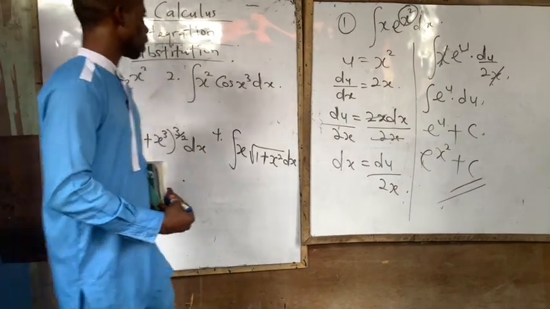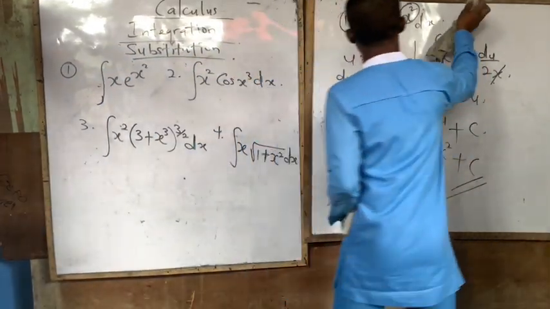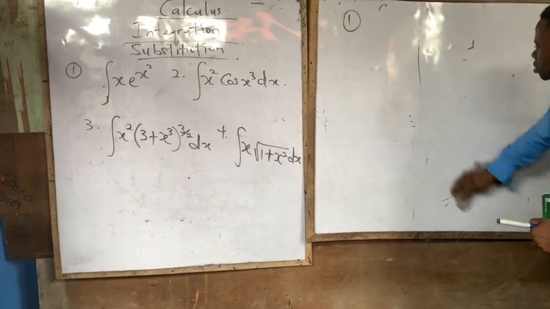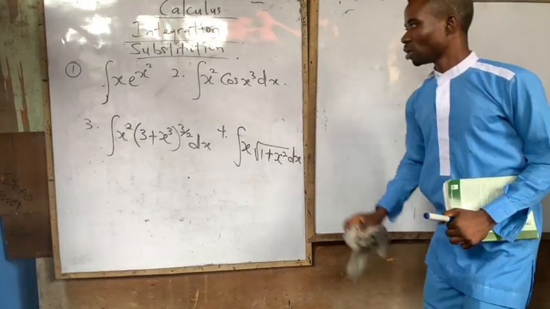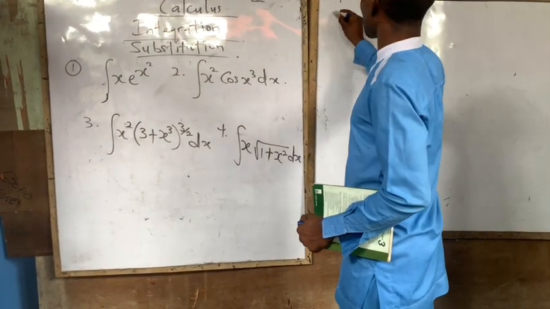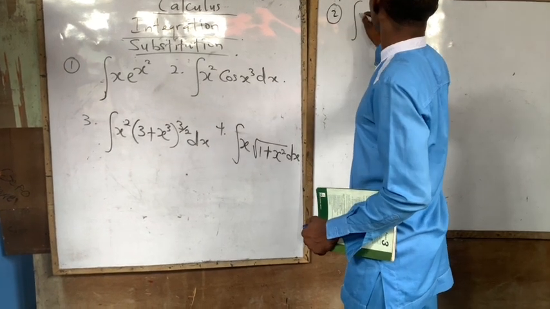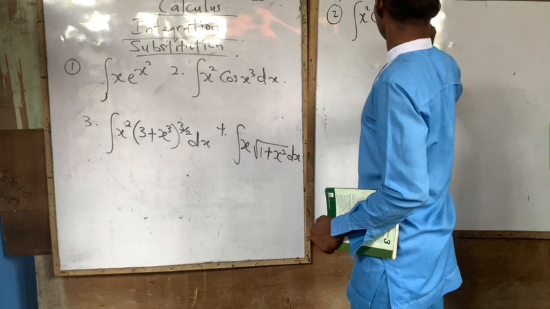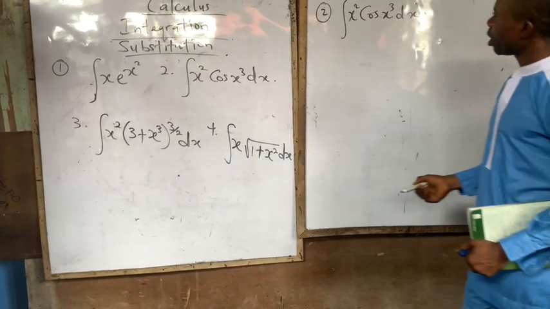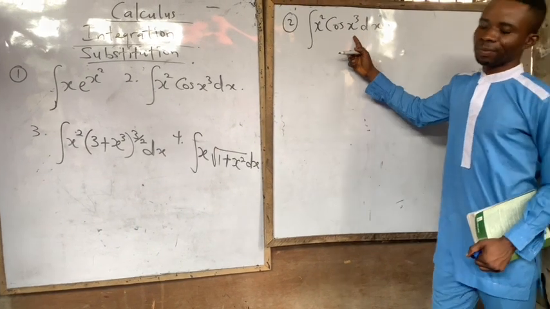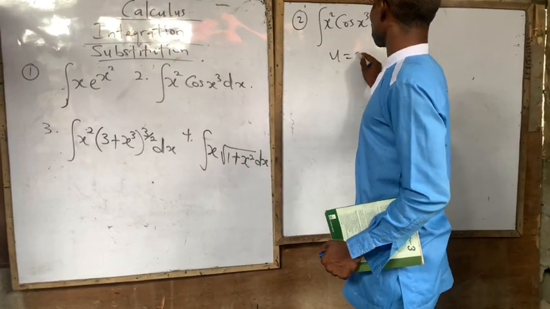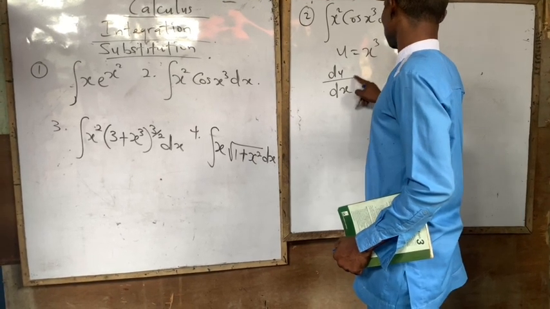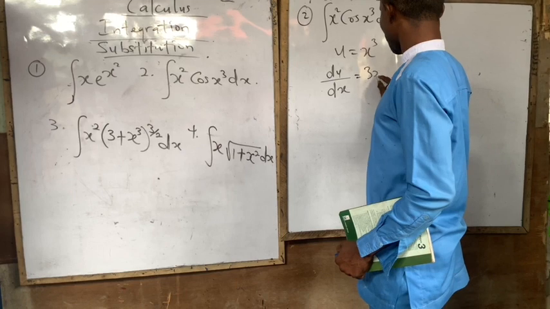Now let's take a look at number 2. If you look at number 2, we are given the integration of x squared cos x cubed dx. Here we are going to represent this one by u. U equals x cubed. Our du/dx will be 3x squared.